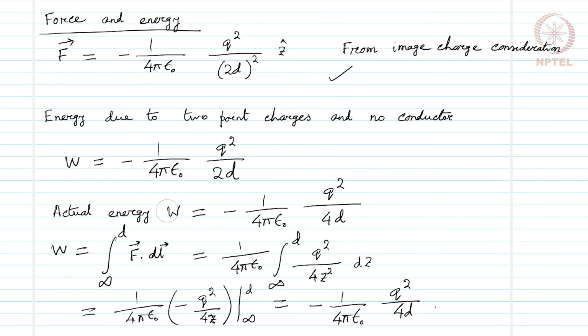So, this finding is in agreement with our consideration that only in half of the region the electric field is confined. So, whatever energy we have calculated from consideration of 2 point charges, the actual energy of the system will be half of it. So, this is consistent with our expectation.